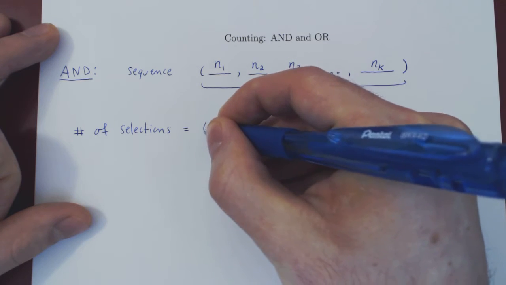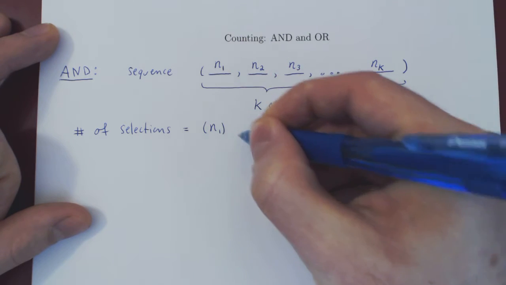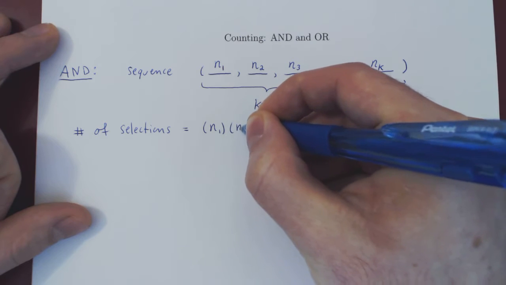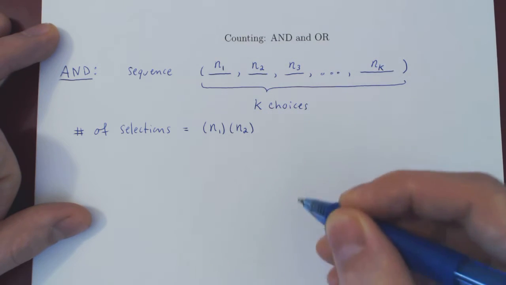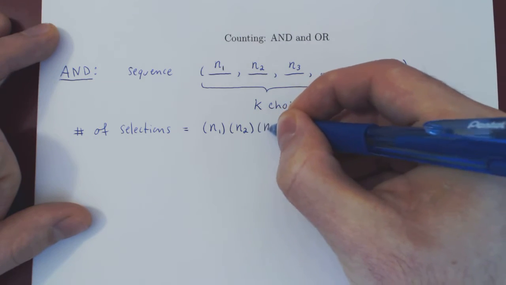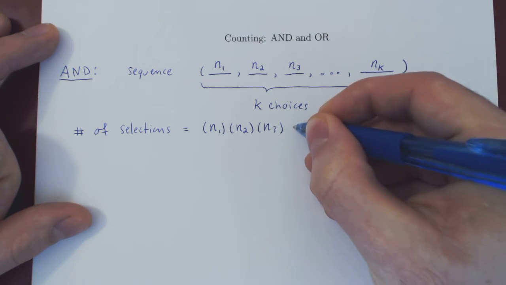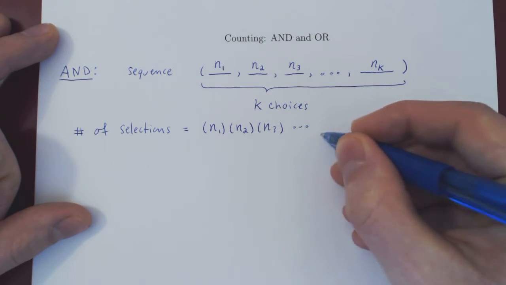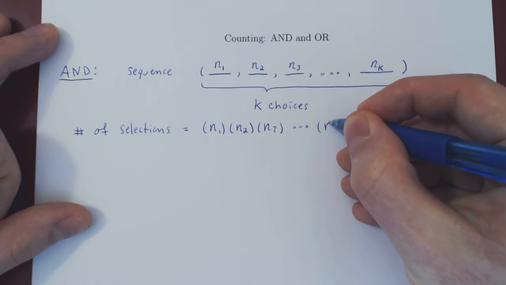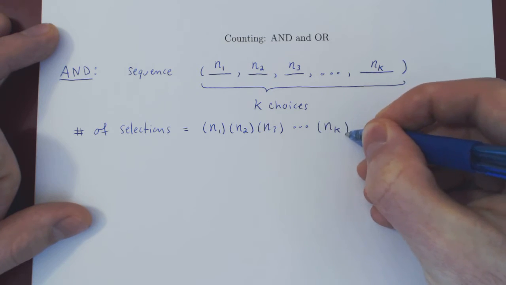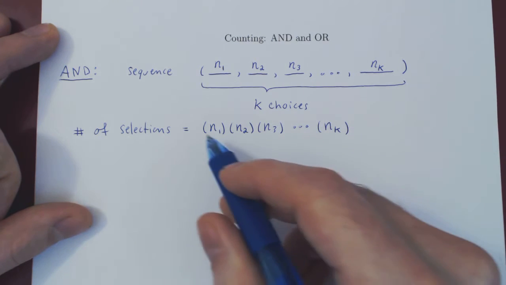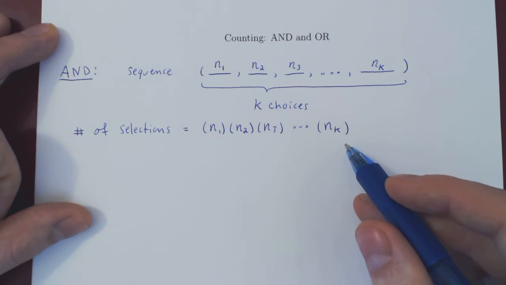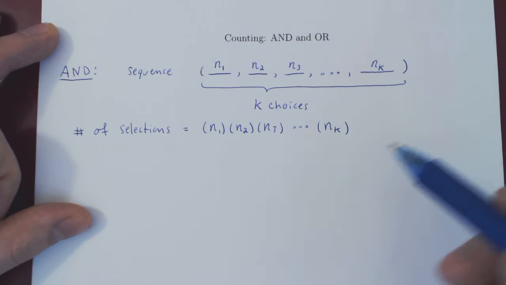So we have n1 possibilities for the first choice, times n2 possibilities for the second choice, times n3 possibilities for the third choice, times, up to nk possibilities for the kth choice. And so this is the total number of possible selections. And that's it for and.